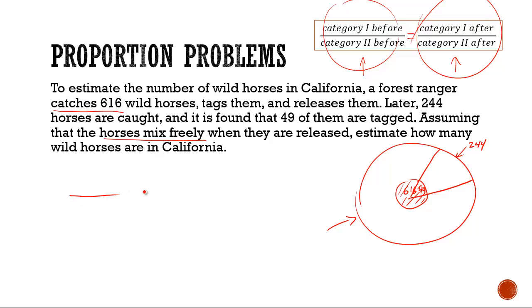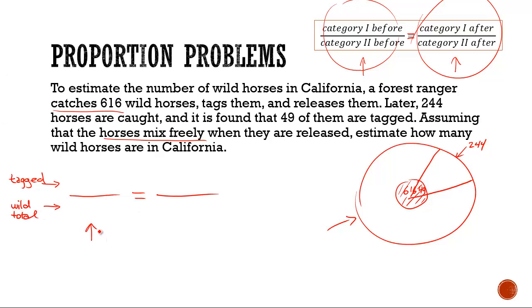So we can set up two ratios into a proportion, and we can compare. We can say the numerator represents those that are tagged, and the denominator represents those that are wild, total.